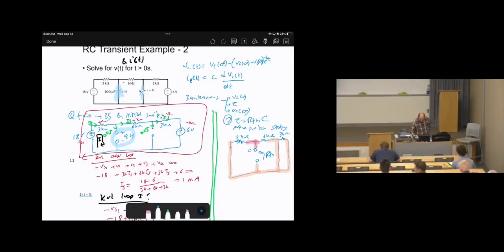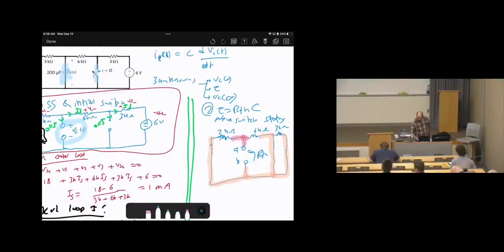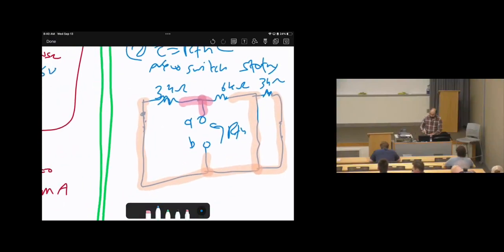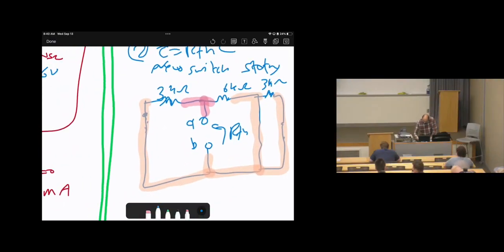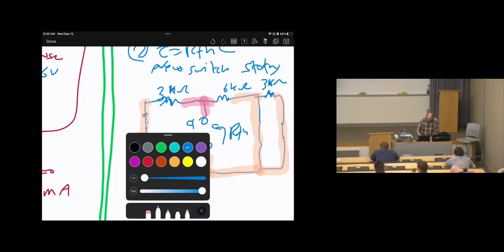We need to calculate R Thevenin across it. 3 kilo ohms, 6 kilo ohms, 2 kilo ohms. Now look at the 3 kilo ohms on the right. Both sides are the same node, right? So it's shorted.